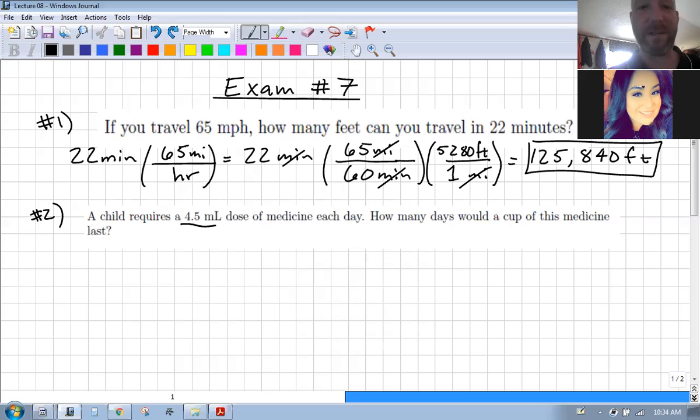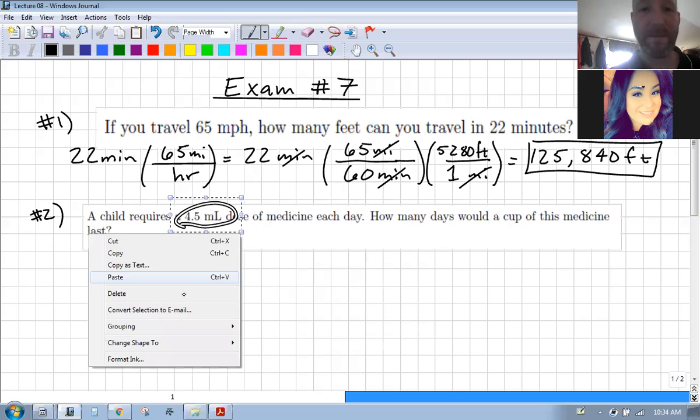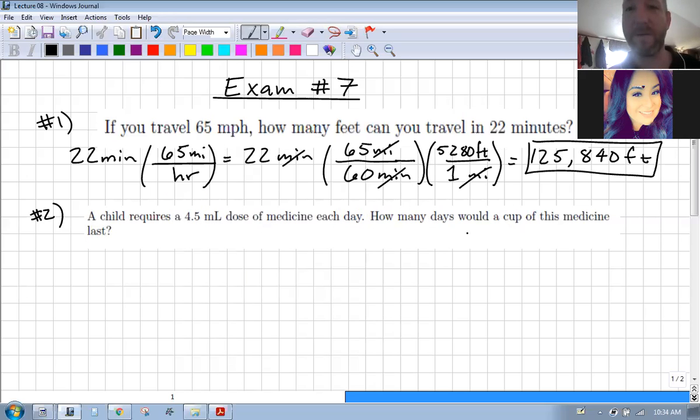So we just need to convert this to cups, right? If that was a tenth of a cup and you have 1 cup, then it would last 10 days, right? If we're going to lay it out the way we did problem number 1, we have a cup and we want to convert it to days. So we have 1 cup.